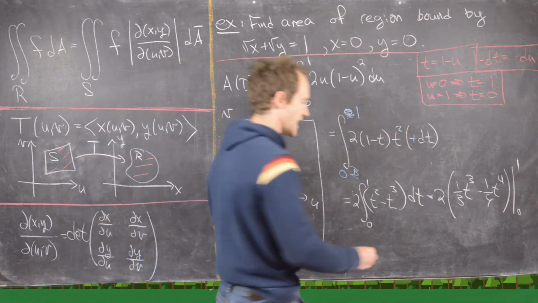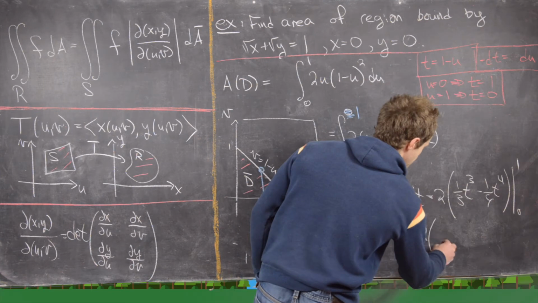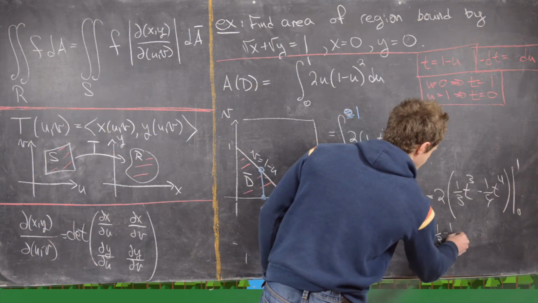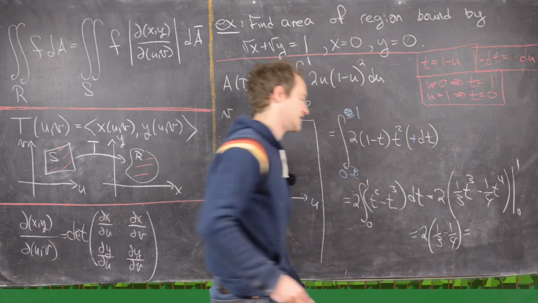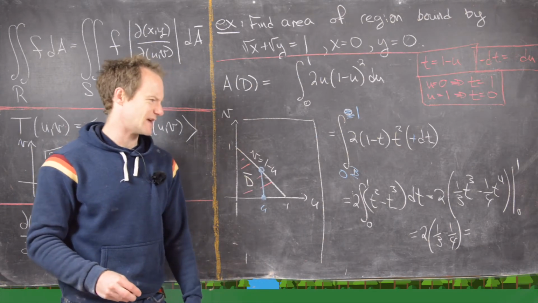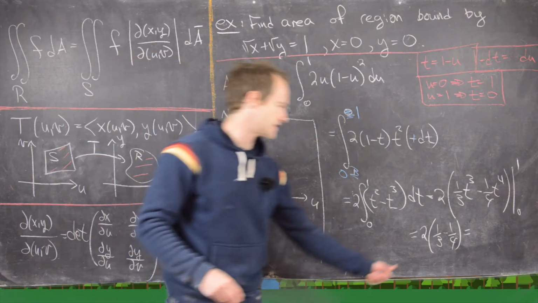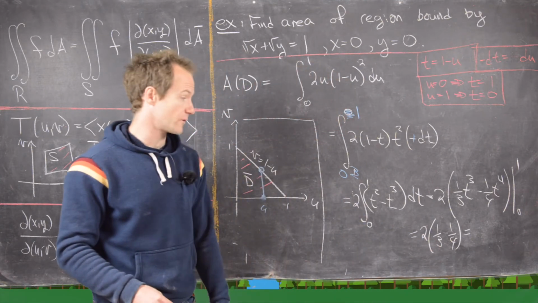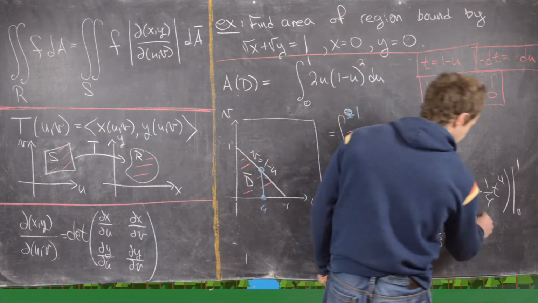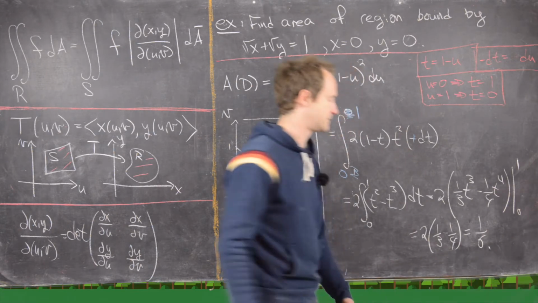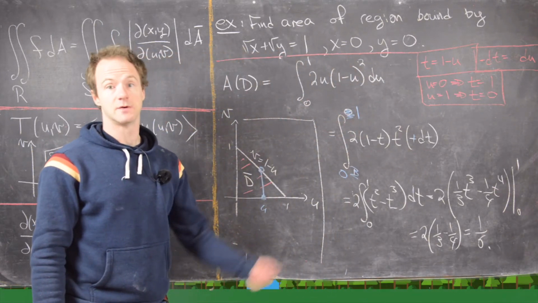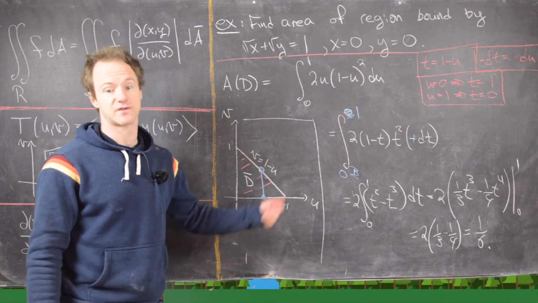So that means I have 2 times 1/3 minus 1/4. So let's see, 1/3 is the same thing as 4 over 12, and 1/4 is the same thing as 3 over 12. So this is going to give us 1 over 12 times 2, which is 1 over 6. And so, good, that finishes this first example.